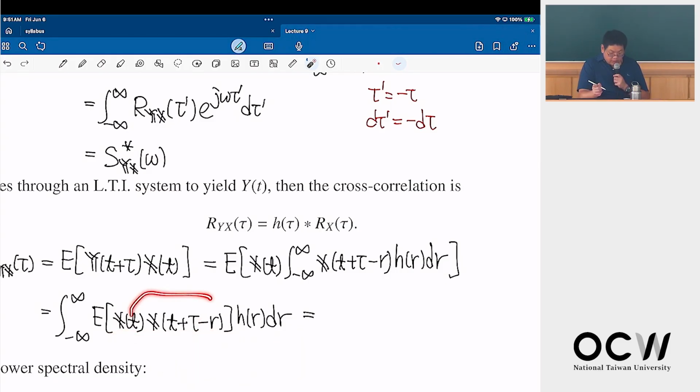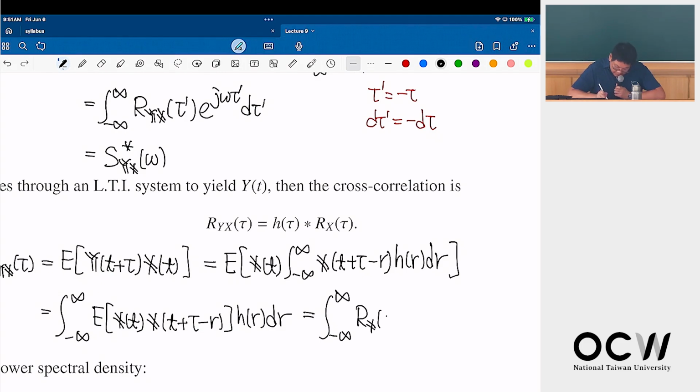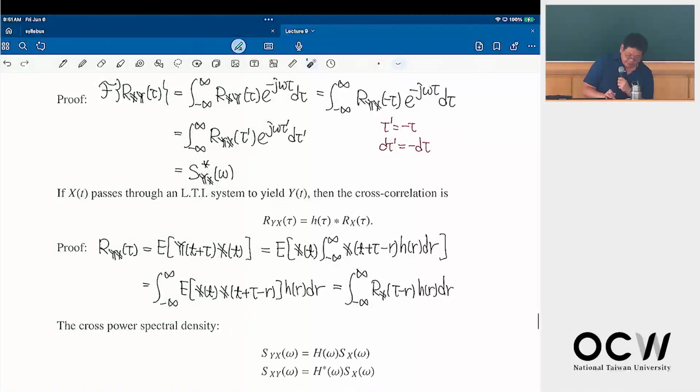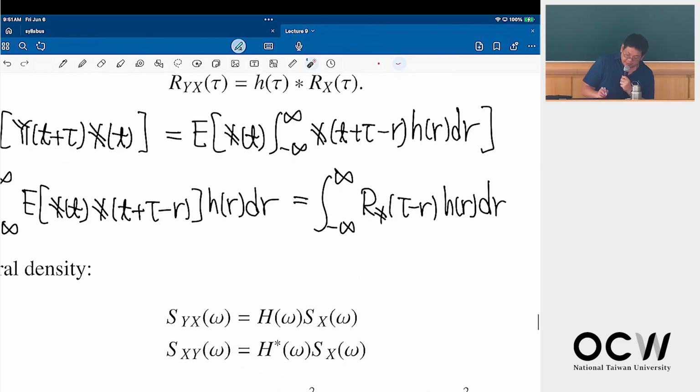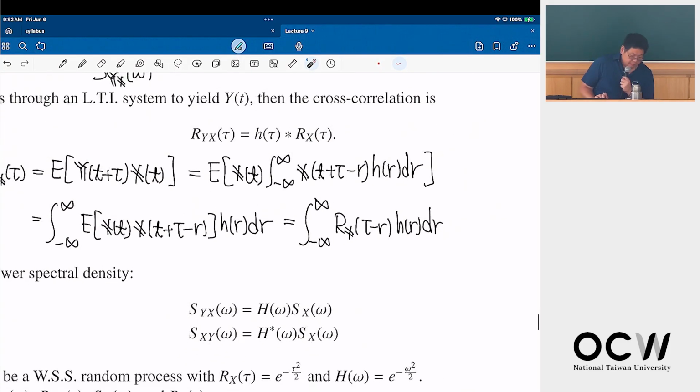But we can switch, either way, because we can switch the order. Then here we have R X of tau minus r, h of r dr. And then the definition for the cross power spectrum density. If we switch, okay, then we'll get the conjugate.